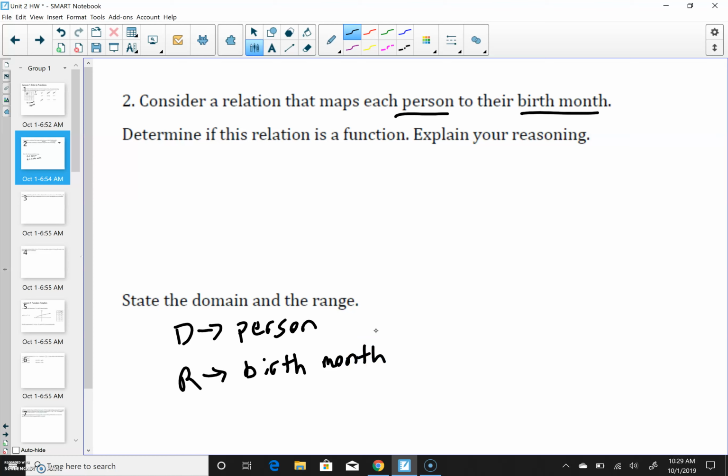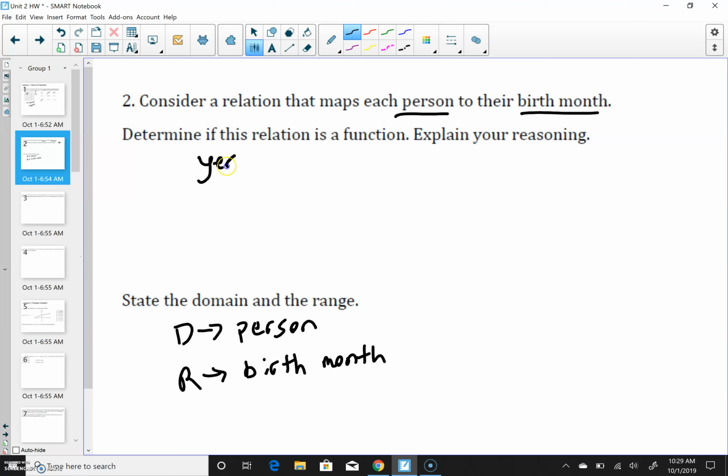So what that does for us is it tells us where our starting point is, person, and where our ending point is, birth month. Well, I'm pretty sure that each person, our input, can only have at most one birth month. It is not possible for somebody to be born in 2 separate months.